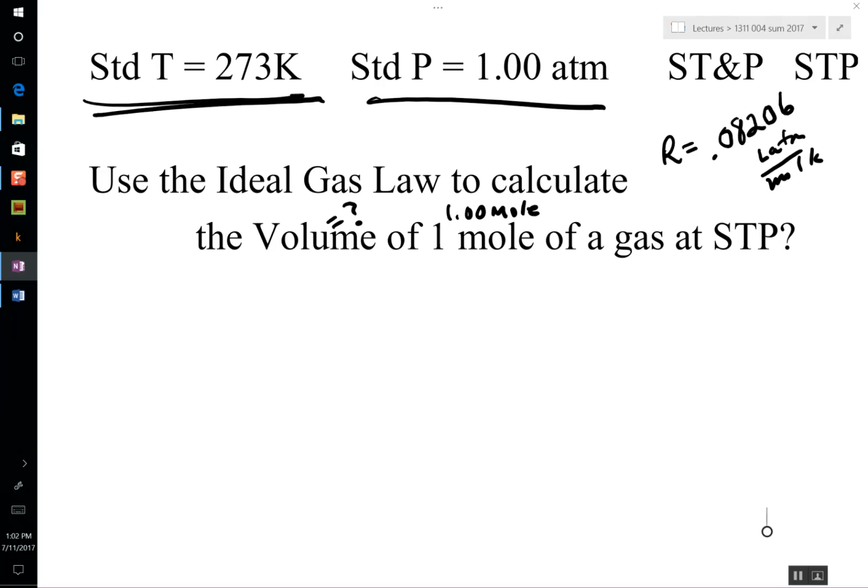And I've asked you for 1 mole of the gas. So do this calculation and use this R, and you'll see why in a minute. But I want to do this one very accurately, a little bit more accurately, to 4 significant figures.